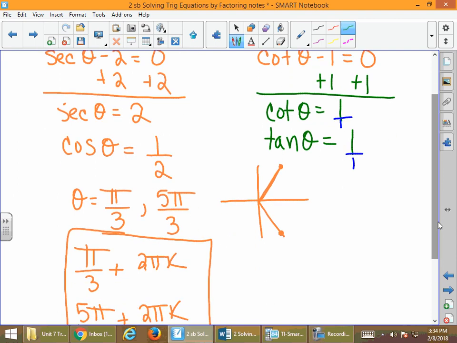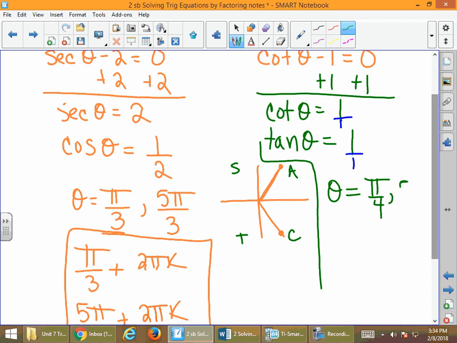And then, this is probably our biggest weakness. Do we know our tangent values? Where tangent has a value of 1 is at pi over 4. And all students take calculus here. Tangent also is positive in the 3rd quadrant, and the pi over 4 angle in the 3rd quadrant is 5 pi over 4.